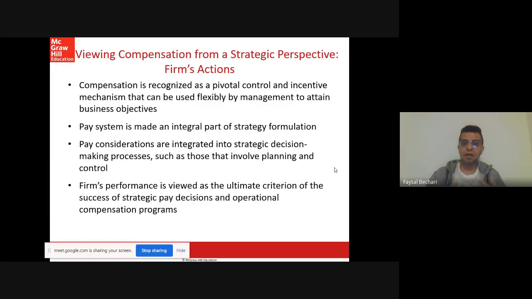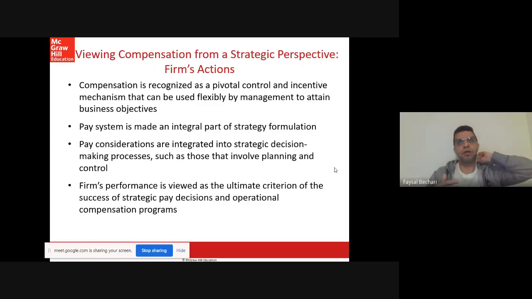So these are extra tools that help managers attain their business objective. The pay system is made an integral part of the strategy formulation. Don't treat the pay system separately.